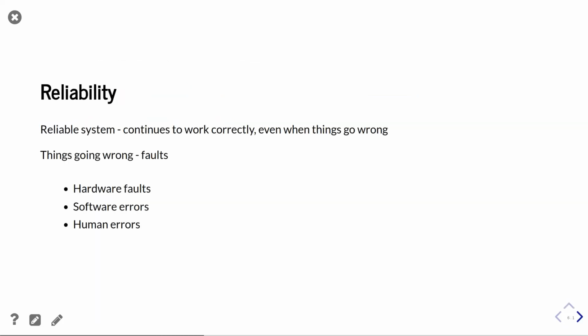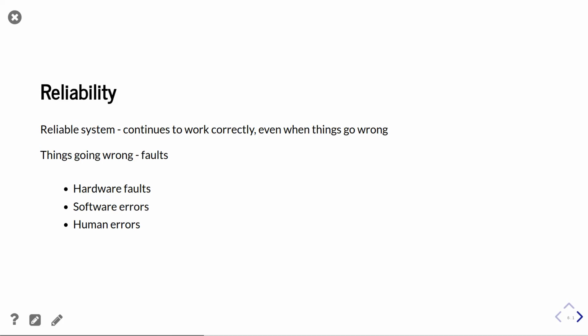So what is reliability? A system is reliable when it can continue to work correctly, even when things go wrong. Working correctly could be defined as providing the expected service to the end user, and things going wrong could be defined as the faults that occur. Here, the book highlights that faults are different from system failures.